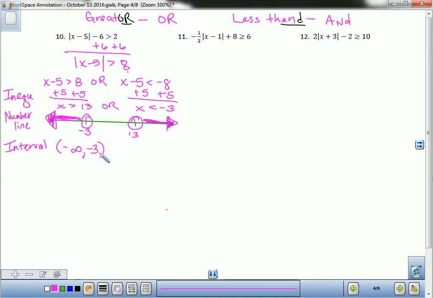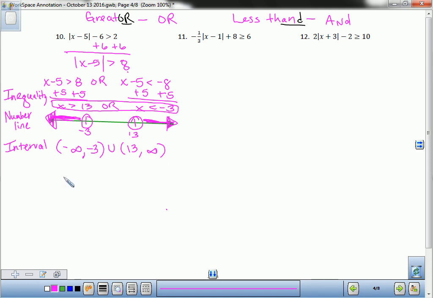No equal to, parenthesis. Equal to, bracket. Okay? And then we have another interval that goes from 13 to infinity. So these are actually 3 possible forms for your answer. As an inequality, okay, so that's this. As a number line, or with an interval.